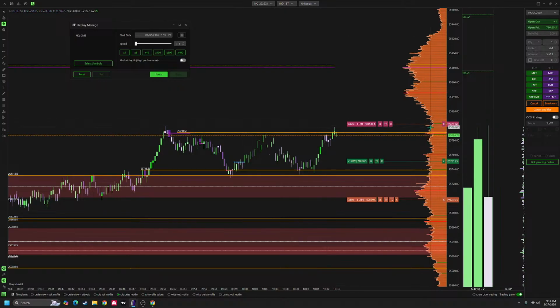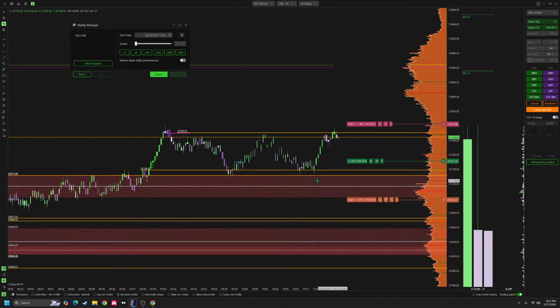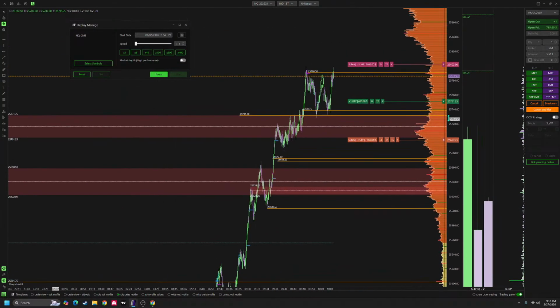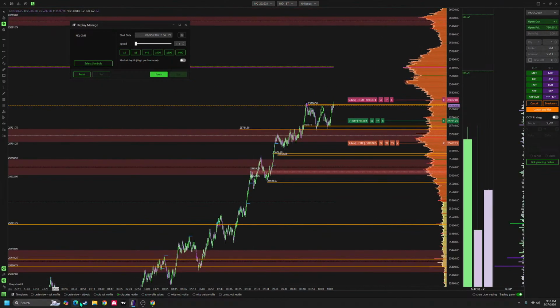So maybe we got a little bit greedy and we should have put it on the high volume node, but I kind of feel like we're going to tap into this low volume node here on the composite profile. Another thing we can do, let's put the daily profile back on.